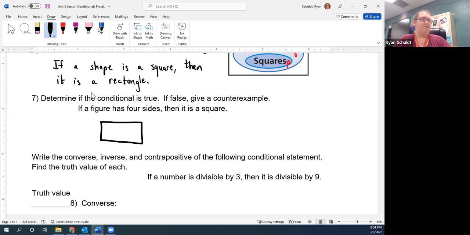How many sides does a rectangle have? It has 4 sides, but this is a rectangle. It's not a square. So what does that mean? That means this is false.